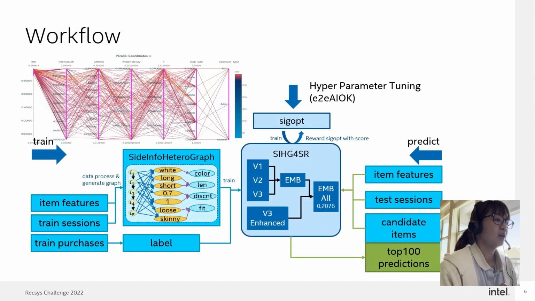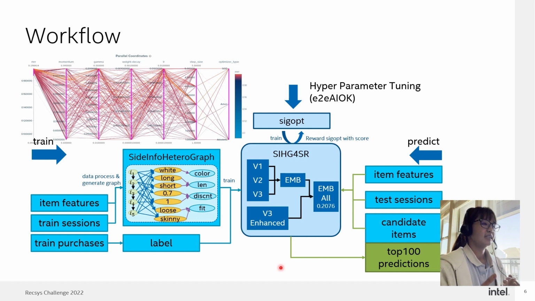The last page here shows the other 2 contributions: one is hyperparameter tuning, and one is ensemble. We know that hyperparameter tuning is key to improving the score when we already have a very mature model.